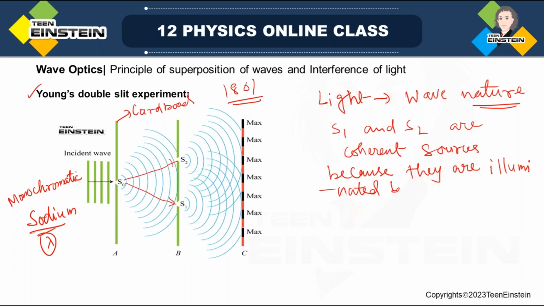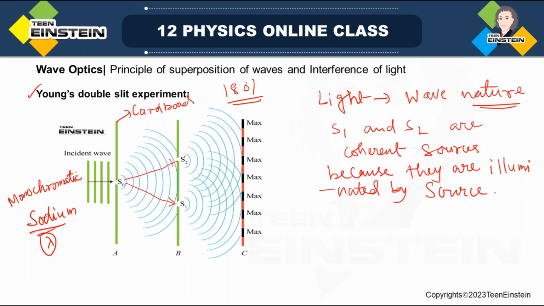Whatever abrupt phase change occurs in the source will be manifested in both in a similar manner. Then ultimately the phase difference will always be constant. That's why S1 and S2 are coherent sources.